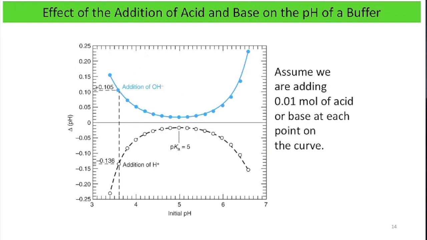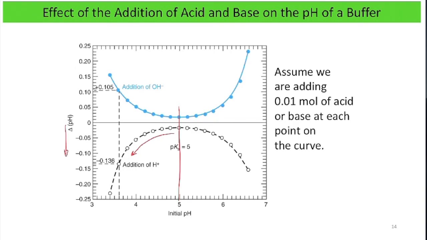If we start on this graph at a pH of 5, so there's the initial pH of 5, what happens to the pH if we add acid? We know the pH is going to decrease as we add more and more acid, so the change in pH is going to be in this direction, a negative direction.